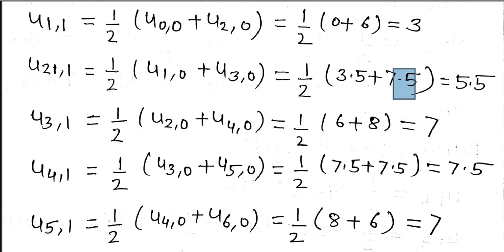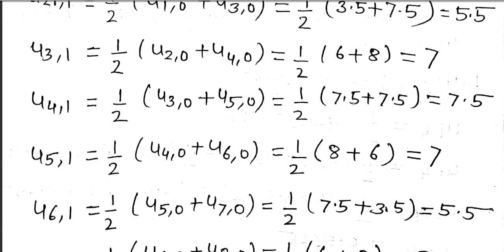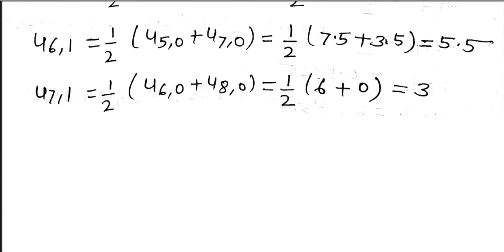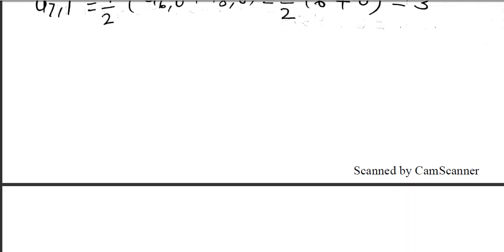So here we are using the previous values that we already found. So u31 is equal to, if we put the values of u20 and u40, then u31 is equal to 7. u41 is equal to 7.5, u51 is equal to 7, u61 is equal to 5.5, u71 is equal to 3.